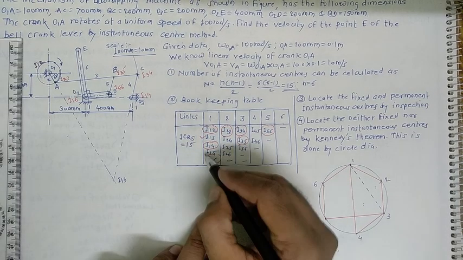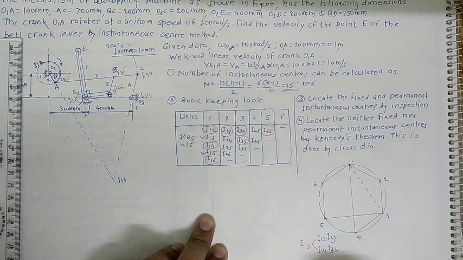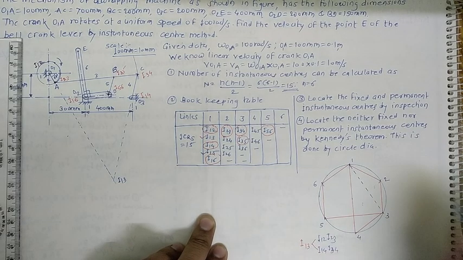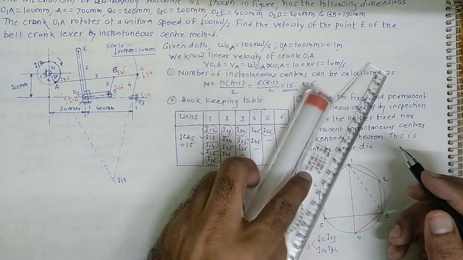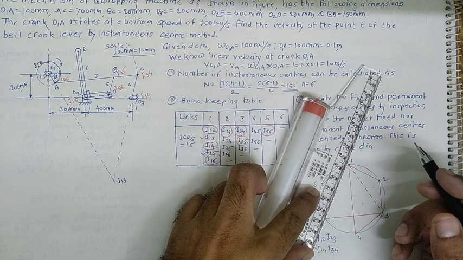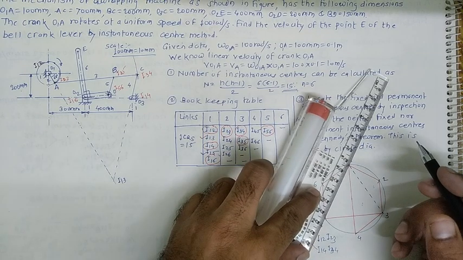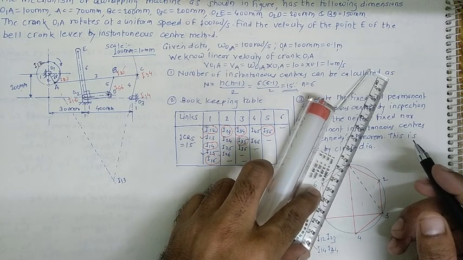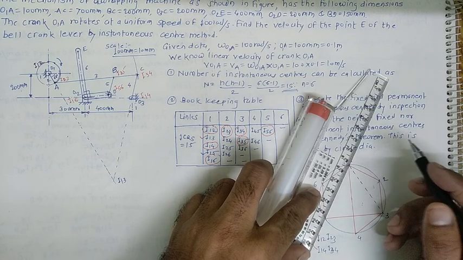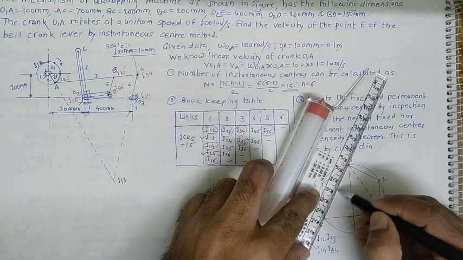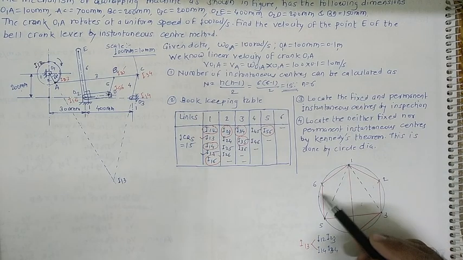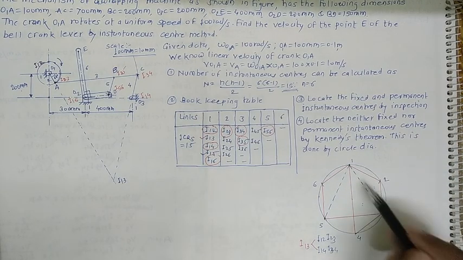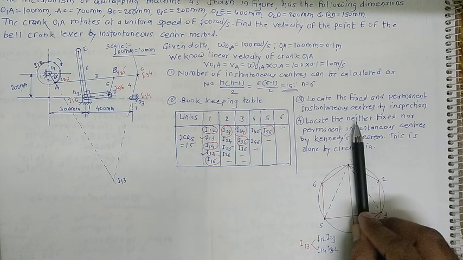Once we get the I13 point, move towards the next one, I15. One point is here, another point is here. Join this. Now if you focus on I16, I56, I13, in this area the line is not available.